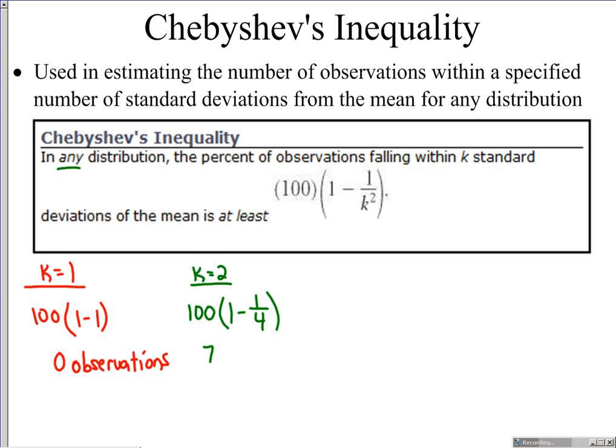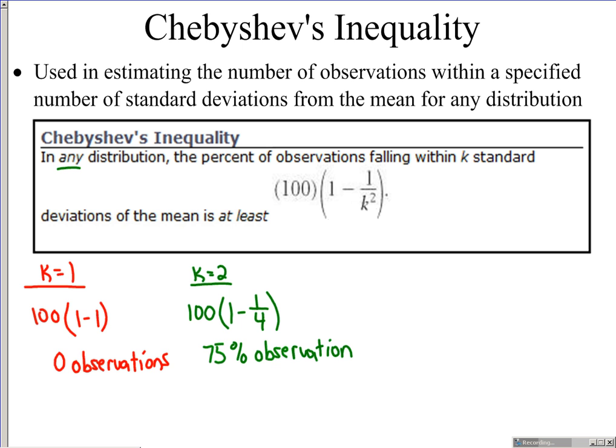We get 75% of the observations. So what does that tell you? That in any distribution, the percent of observations falling within 2 standard deviations of the mean is at least 75% of our observations.